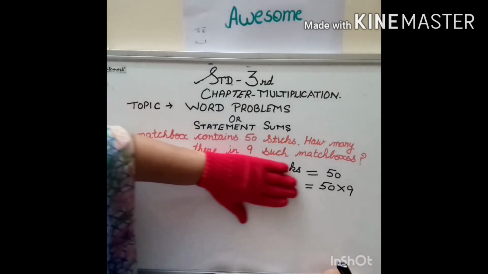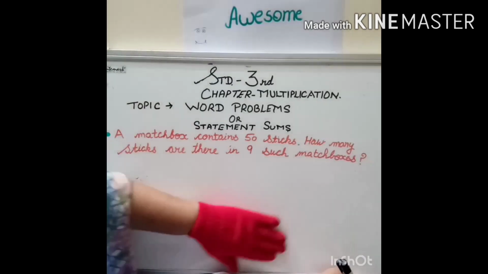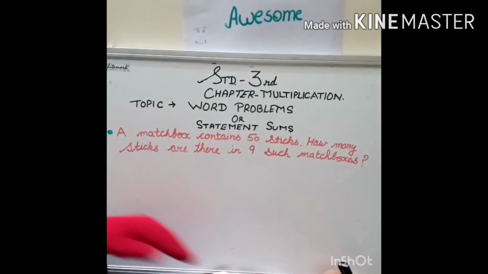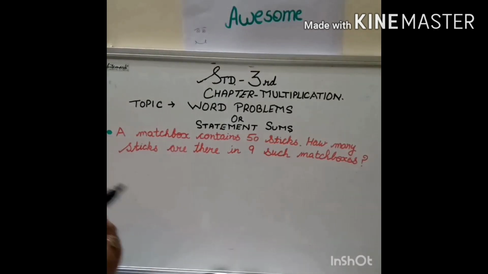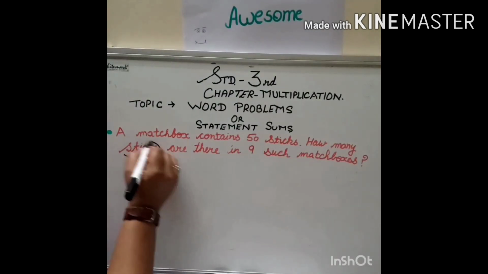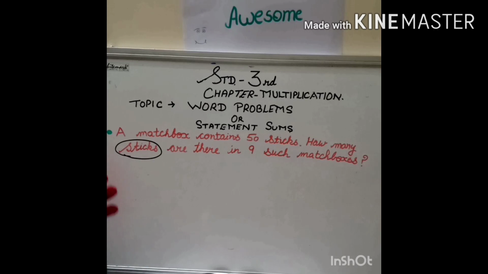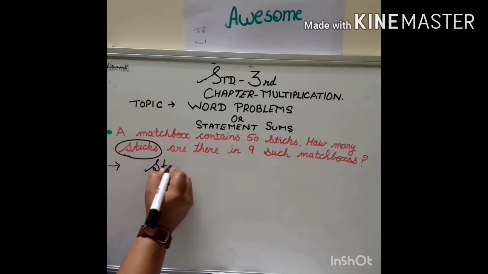The other way of writing this statement, and that is the easiest form, is also easy, but the first may be lengthy, children. So a very easy method: you have to see the question line, that is the second line of this question. How many sticks? With this word, the examiner is asking about the sticks. So whatever the examiner asks, our answer will start from that word. Okay children? The word is sticks.